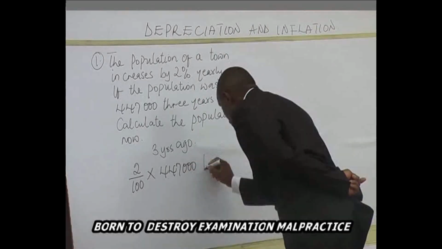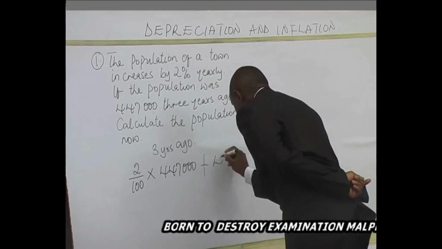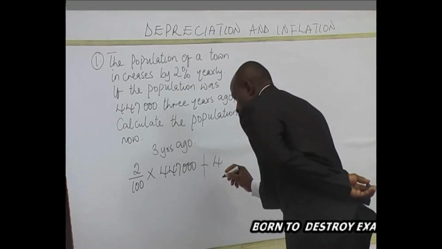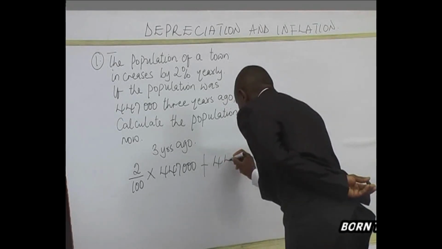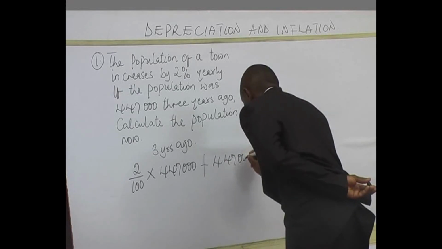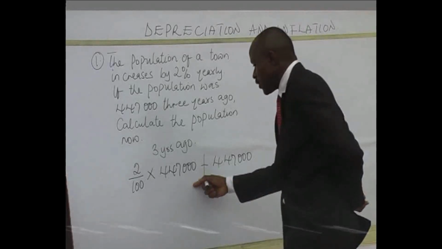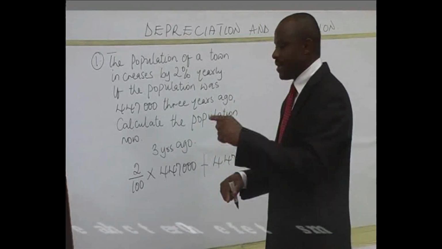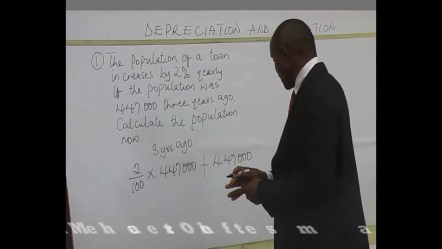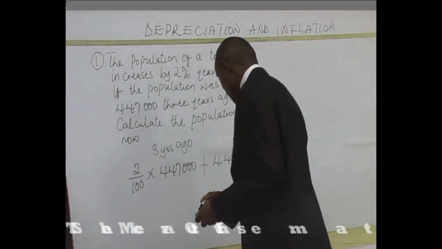If you add it to the population of that year, 447,000, it will not give you the population that last 2 years had. Okay? Use a calculator.